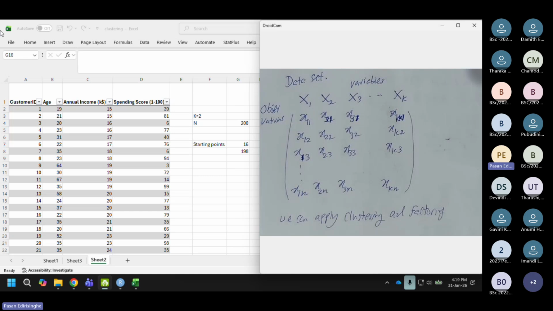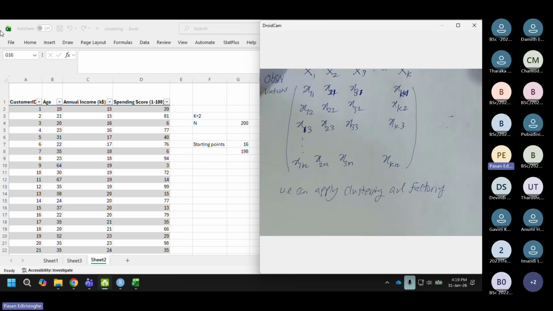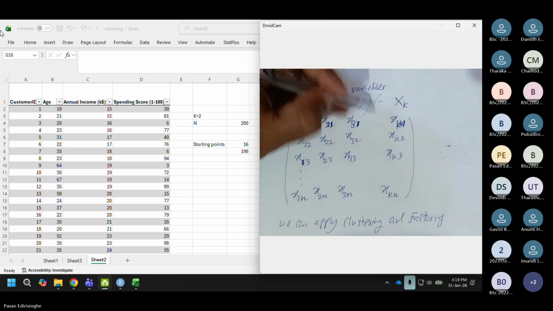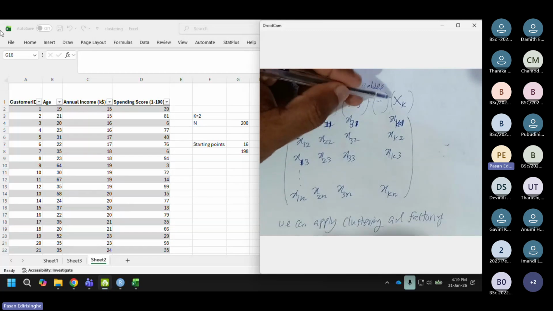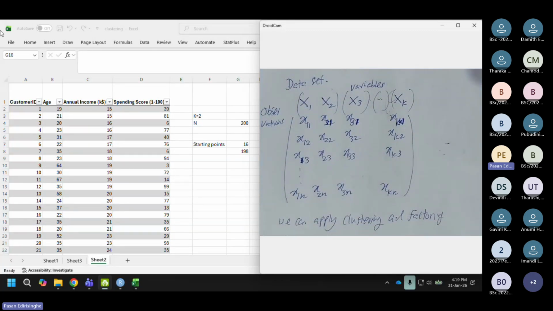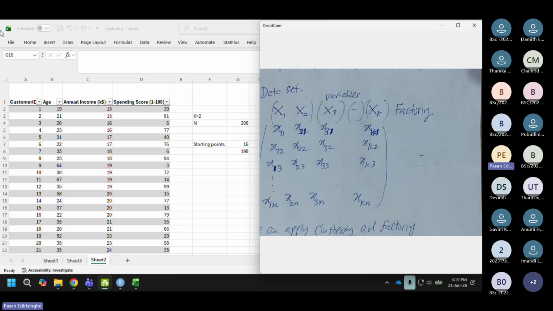So in terms of our variables, we try to group the variables together. It's not one variable but a bunch of variables put together. That's called factoring, grouping variables together.